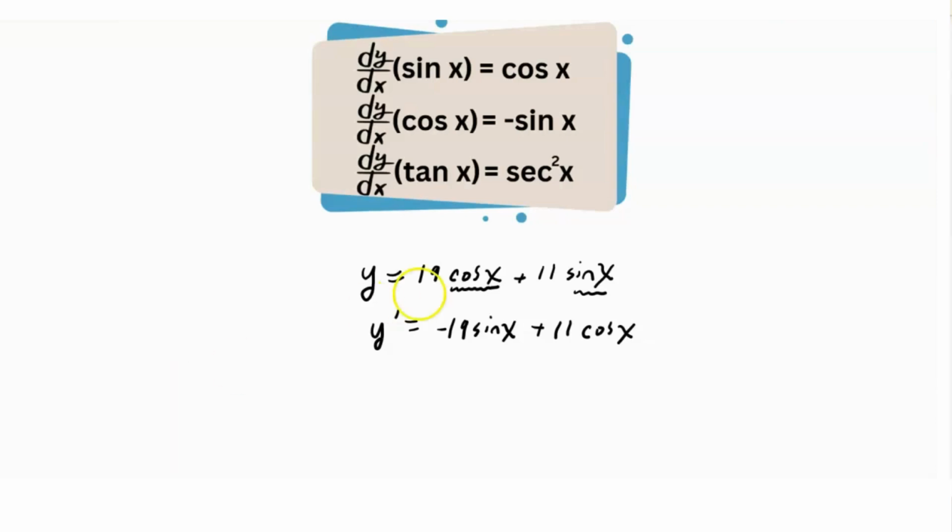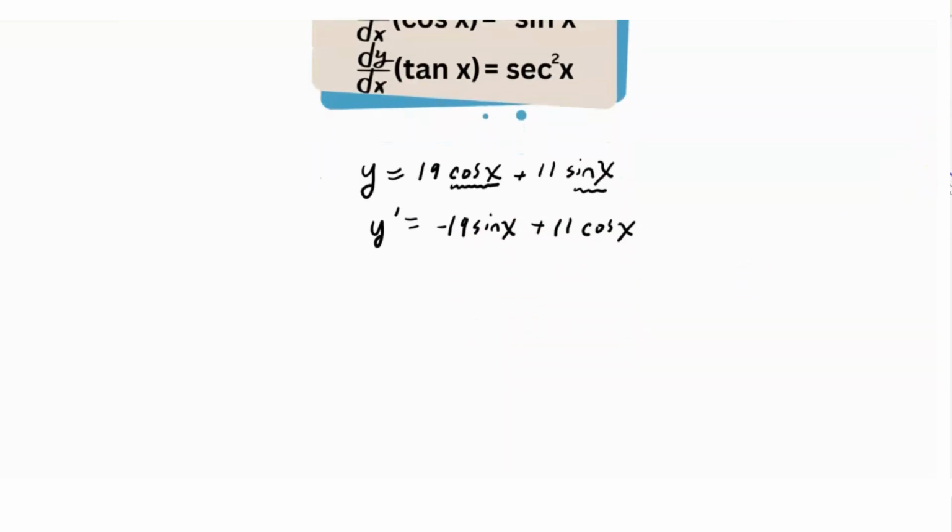Let's say that we had something with the tangent. Let's say f of x is equal to 3 tangent x minus cosine x, and we want f prime.